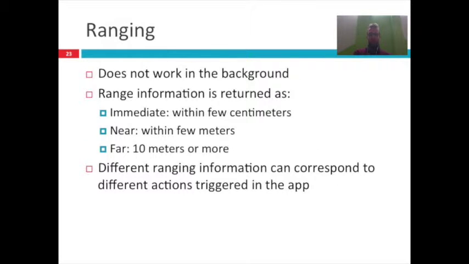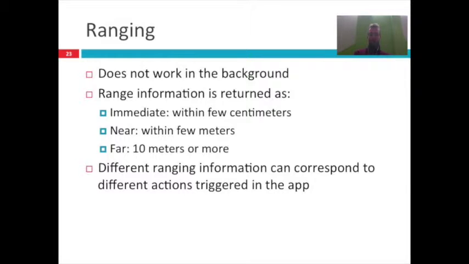The other functionality is ranging. Ranging basically is something which provides an additional level of details specifying what is the distance between the client, the smartphone that the user is bringing around with her or him, and the server, that is the iBeacon device. This does not work in the background.